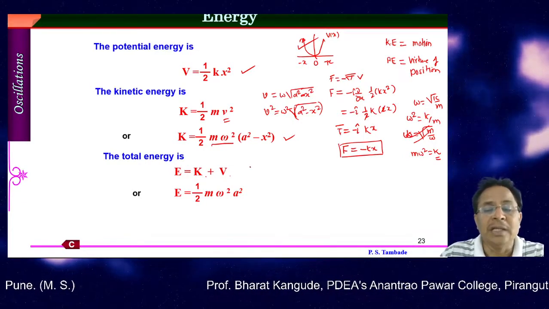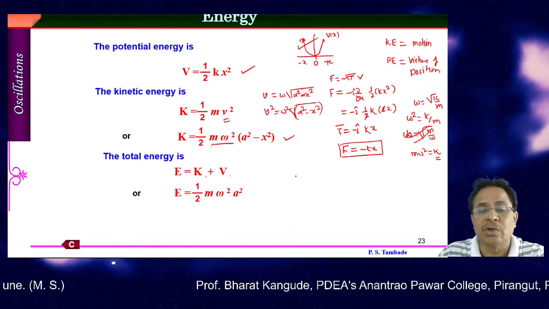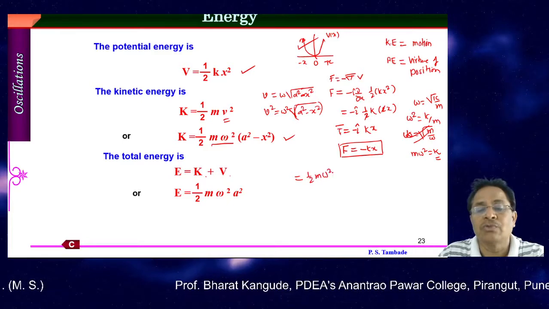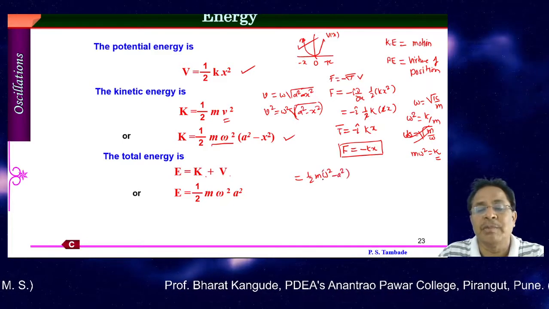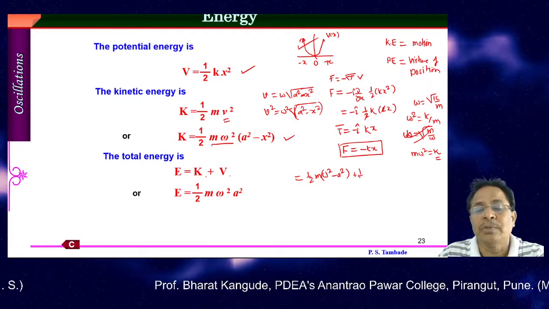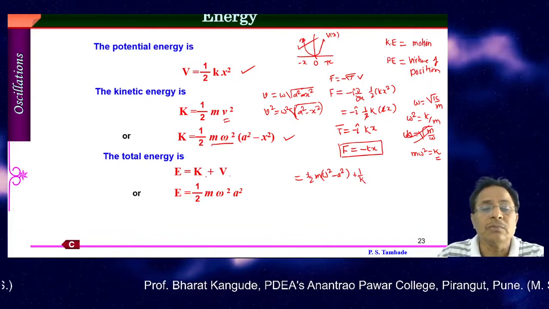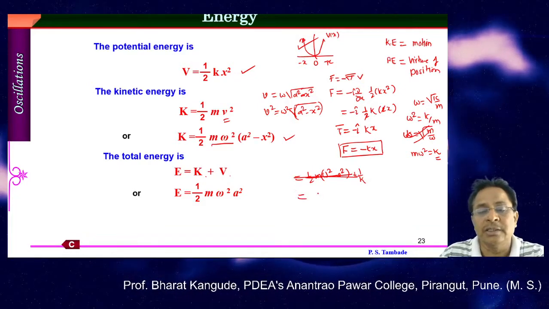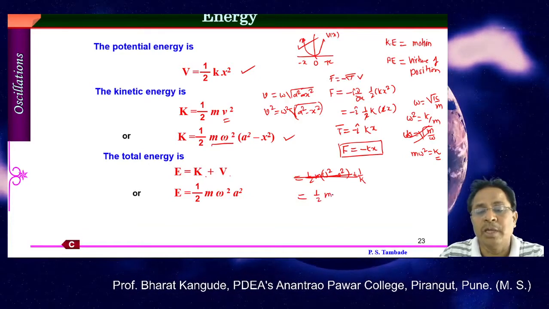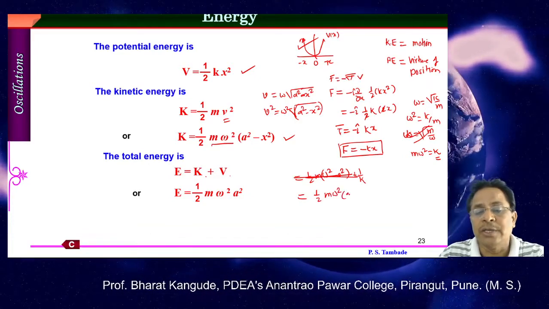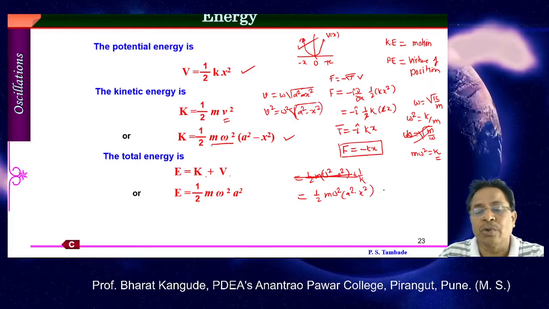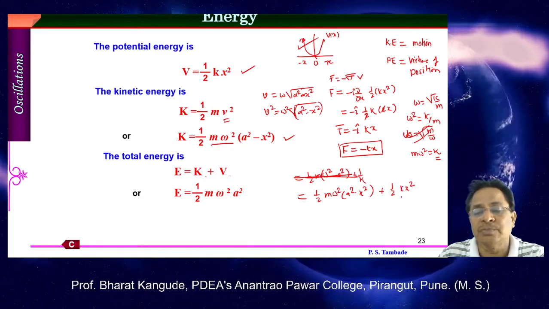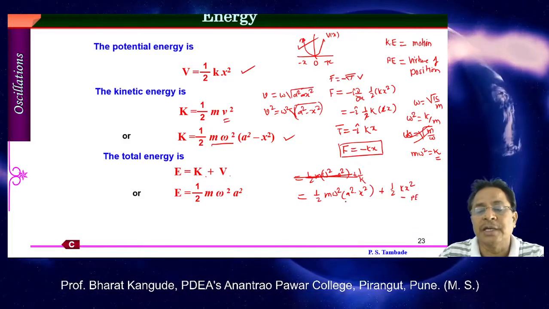Adding these two quantities, I'll write once again: 1/2 m omega square into a square minus x square, plus 1/2 k times x square. This is kinetic and this is potential.